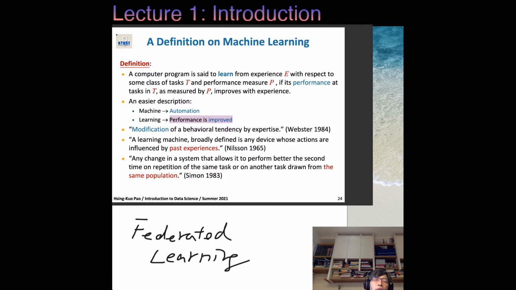Then people give a lot of different definitions, such as modifying behavior to give better results based on expertise. And also the learning machine, maybe you can check this one. A learning machine is something whose action is influenced by past experience.